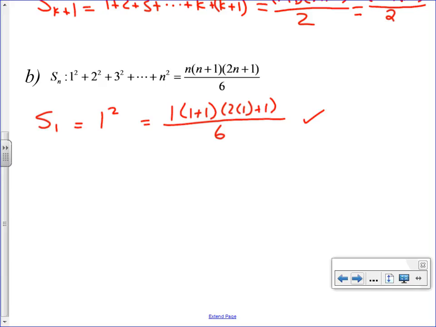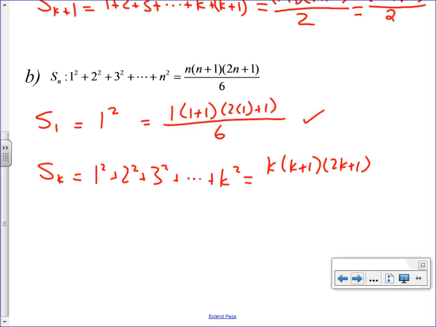So basically, if you don't get to where you're at, just go back and fix it because usually it's supposed to be a true statement. Okay? So SK is going to be 1 squared plus 2 squared plus 3 squared plus ... plus K squared, which if you plug in K's everywhere will be K times K plus 1 times 2K plus 1, all over 6. That'll be the second statement.